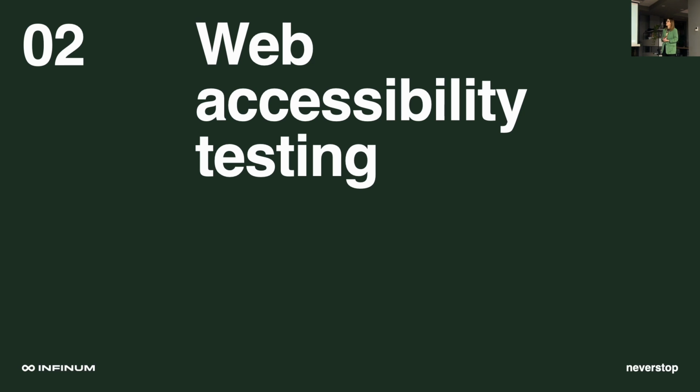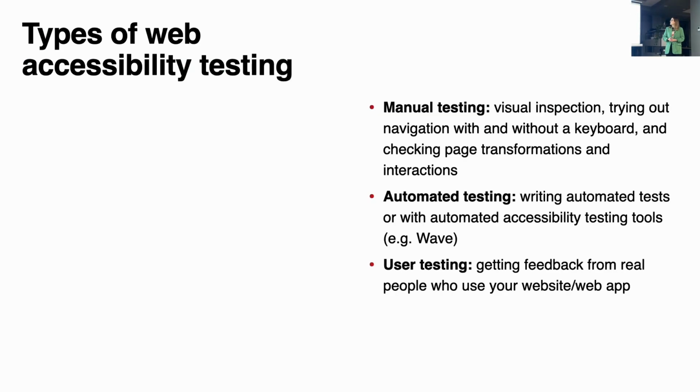So a bit about web accessibility testing. We have 3 types of testing. Manual testing, which is basically visual inspection of the app, trying out navigation with or without keyboard, and so on. Then automated testing, basically writing automated tests or using automation accessibility tools like Wave.